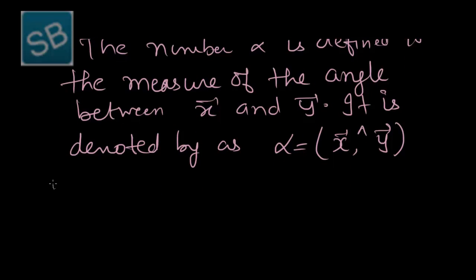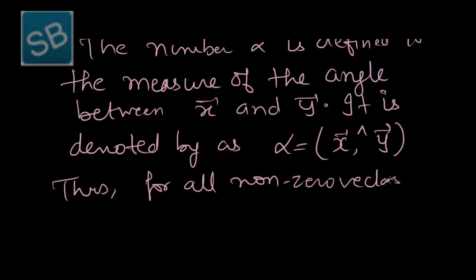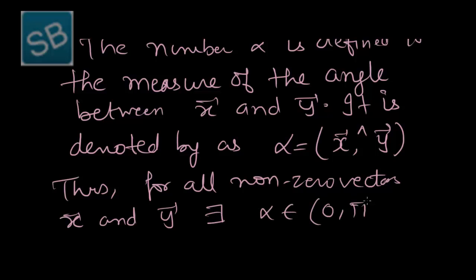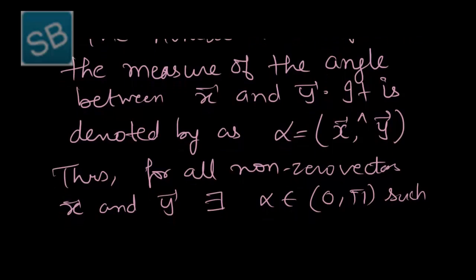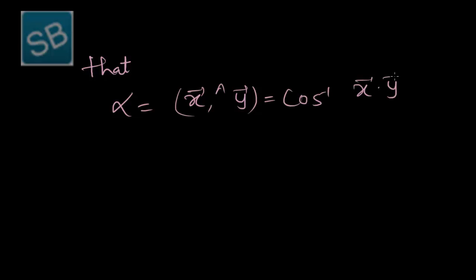So for all non-zero vectors x and y, there exists alpha belonging to 0 to pi such that alpha is equal to the angle between vector x and y, which is equal to cos inverse of x dot y over modulus x modulus y.